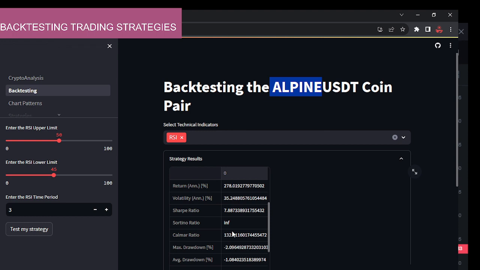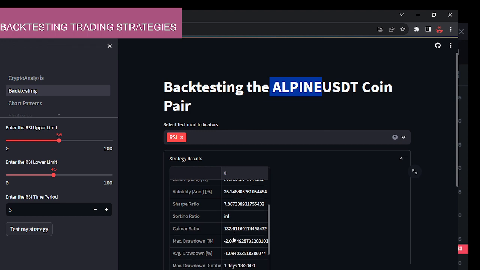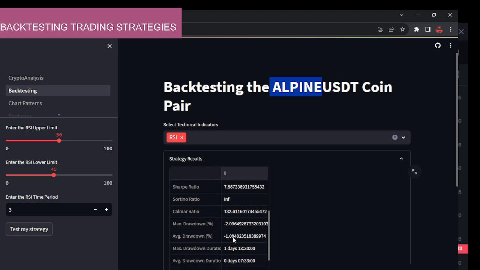The Calmar ratio is another parameter that uses the annual return divided by the maximum drawdown. Looking at this particular trading strategy, I can see it's very commendable, because for the annualized return, you divide it by the maximum drawdown, and it's very good in this particular case.